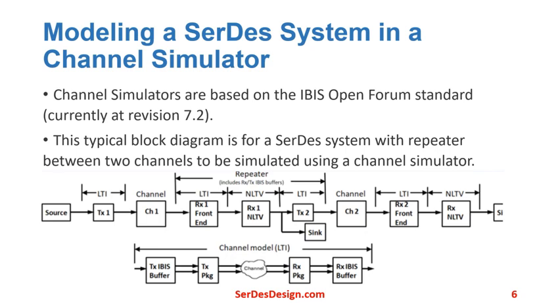The TX IBIS-AMI portions, where the AMI portion typically contains a transmit equalizer, often in the form of a feed-forward equalizer. The IBIS portion provides a differential output to the channel. There's the actual channel, which can include a transmit package, the channel characteristics, and the RX package. These pieces represent the differential channel.